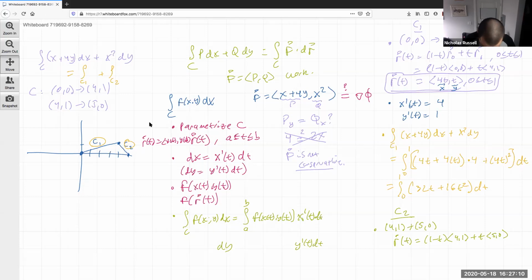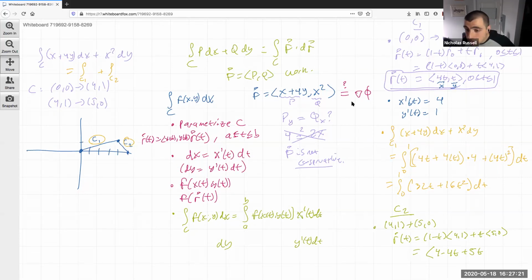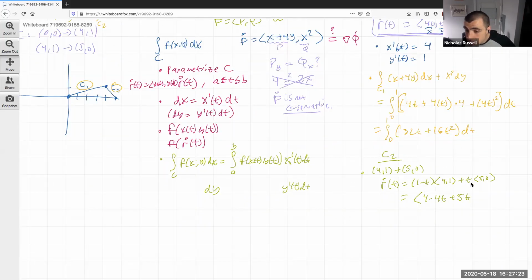And using this is a little bit more complicated. In the x component, we would get 4 minus 4t plus 5t, right? And the y component is going to just have a 1 minus t. Or more specifically, (4 plus t, 1 minus t). And this again is from 0 to 1.